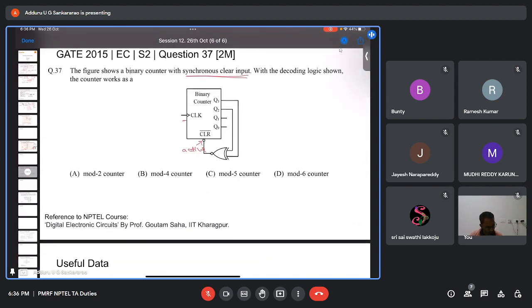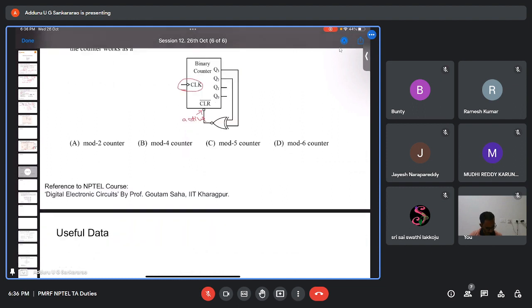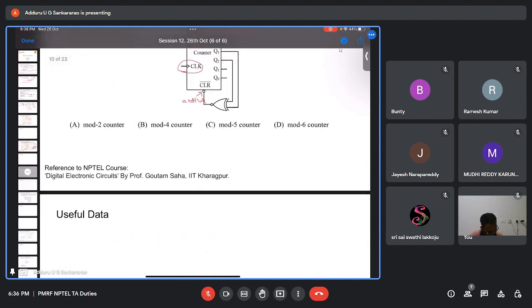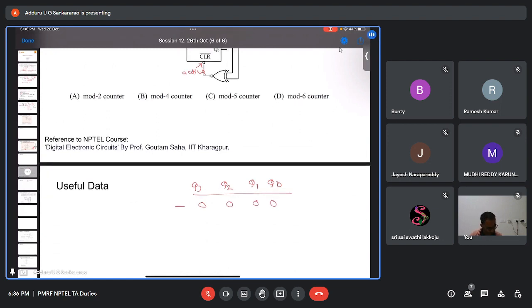Now ideally, for this binary counter, whenever you are applying a clock pulse, the output should increase. Let us say you are starting from Q3, Q2, Q1, Q0 equal to 0 0 0 0. Initially you applied one clock pulse.